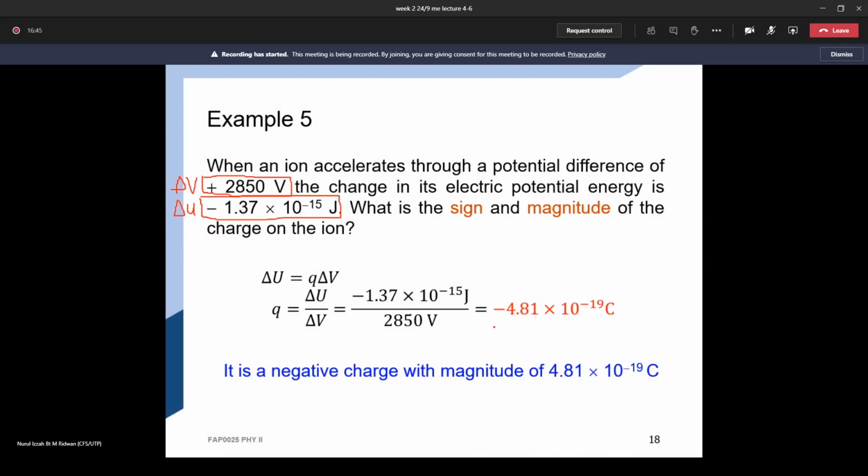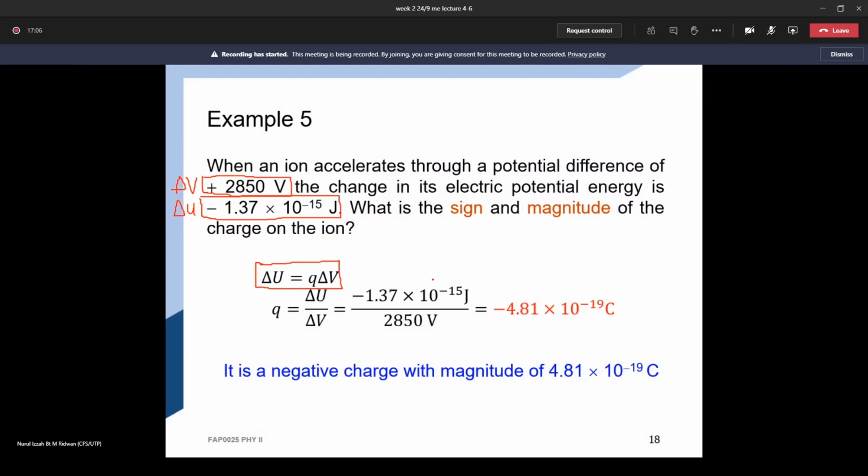That negative sign refers to what type of charge you are dealing with. So right now the charge should be negative, and the magnitude is given by the number. And again, when you see this formula U equals QV, this is different from the formulas that you have in chapter 1.